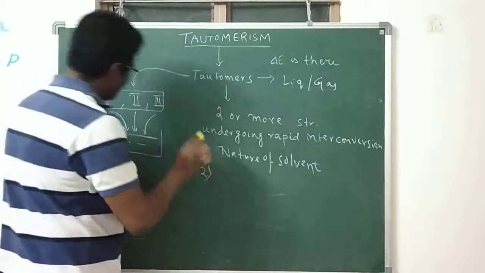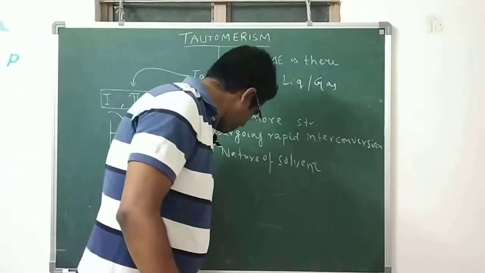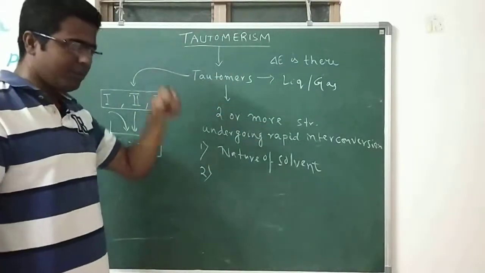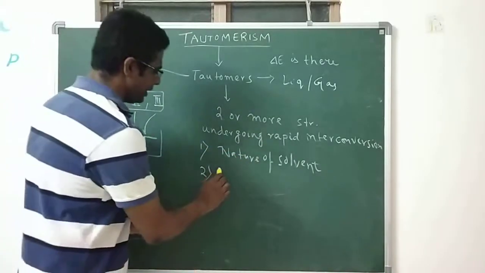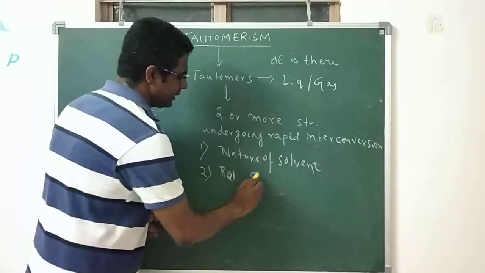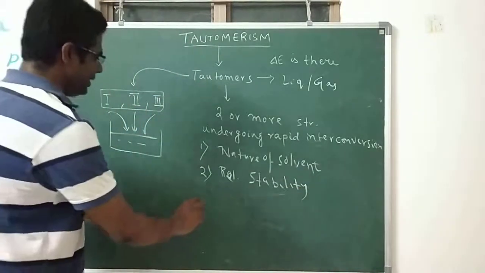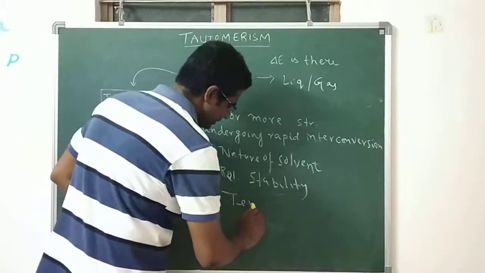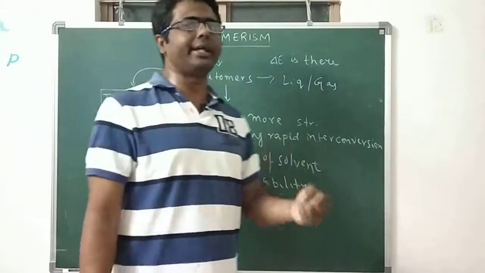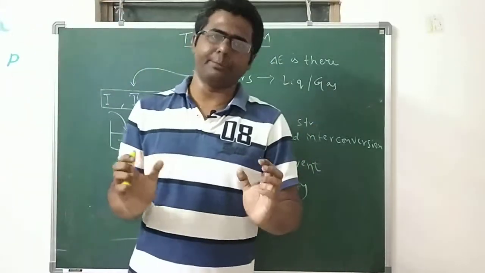Number two is relative stability. Now see, the stability of 1 can be different from 2, and the stability of 2 can be different from 3. So accordingly its composition will be there. Whichever is more stable will have more amount in this beaker. Number three is temperature. Okay, so these are the three things based on which we will be determining the amount of different structures when put together in a beaker or solution.